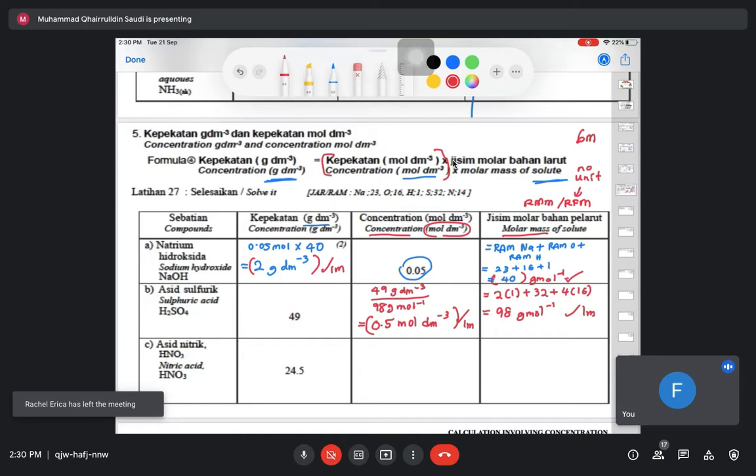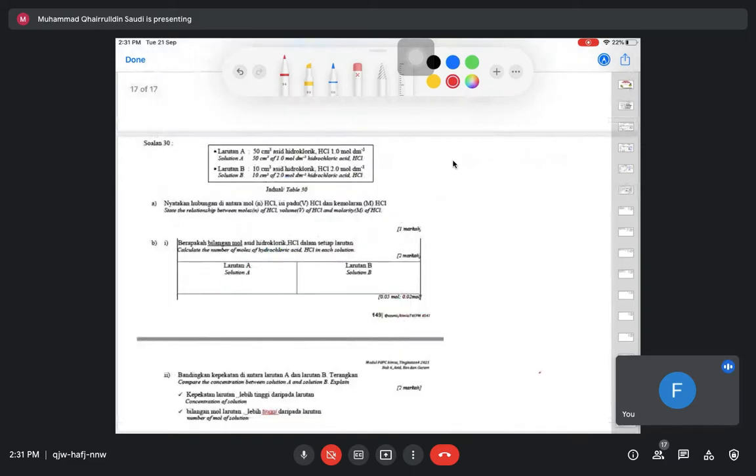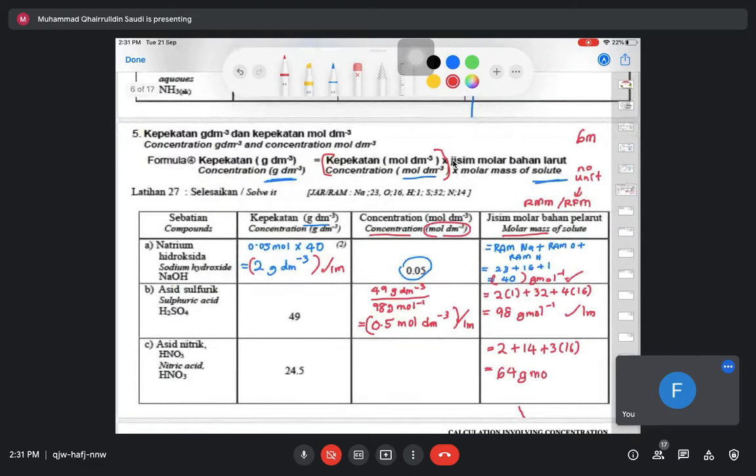Sama juga dengan yang di bawah, find the molar mass will be 2 plus 14 plus 3 times 16, 64 gram per mole. If you get a different answer, please ask. Okay, so this is 1 mark.